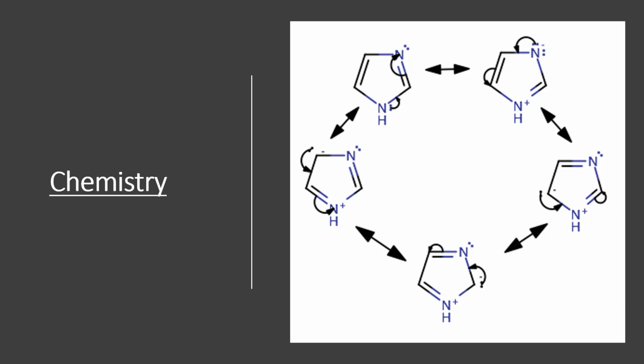Then the lone pair goes towards the right. The lone pair of electrons comes from the third nitrogen to between the third and the fourth carbon. This is why you have to rotate. See the charge on the nitrogen.